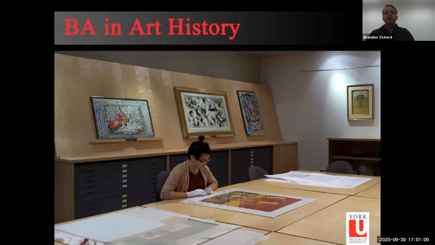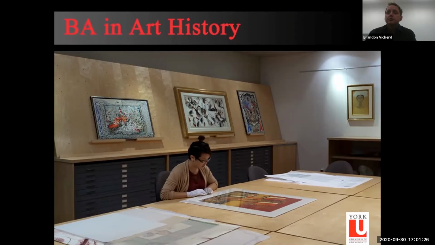And as part of our BA in art history, we do have many resources on campus to prepare students for this career. So for instance, we have our Goldfarb Center for Studies, and this houses York's collection of art. So you can go into this secure room and actually look at works of art by Andy Warhol or the Group of Seven or contemporary Inuit Canadian artists.